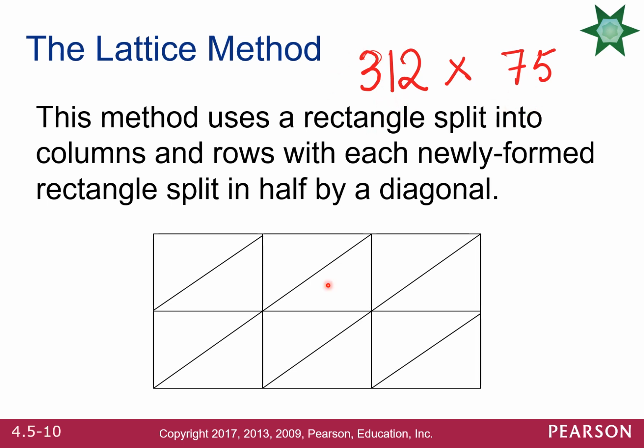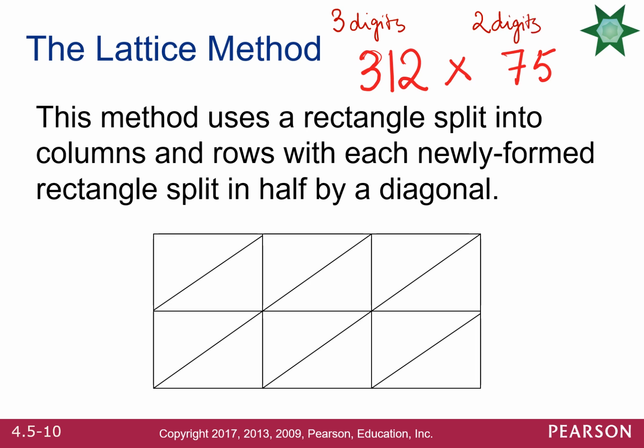We begin by drawing a matrix, which is in the form of a rectangle in most cases, and the size of the matrix will be determined by the digits of the numerals that we are multiplying. 312 has 3 digits, and 75 has 2 digits.